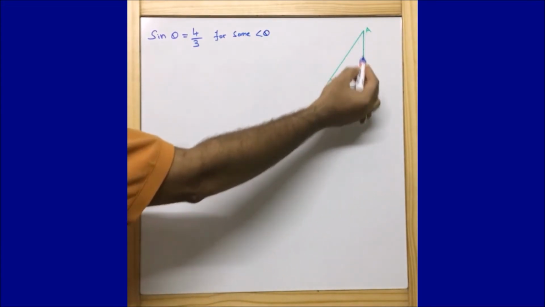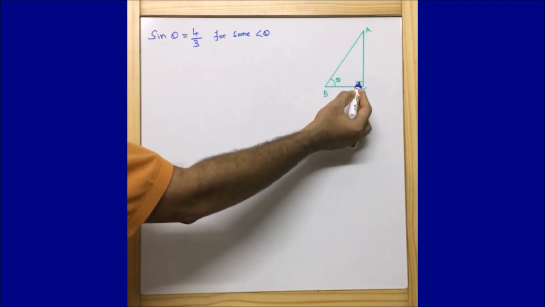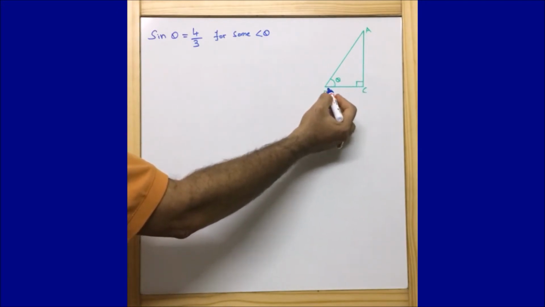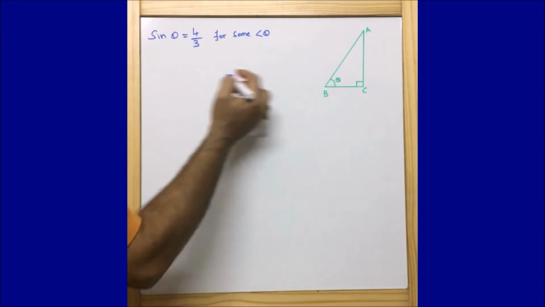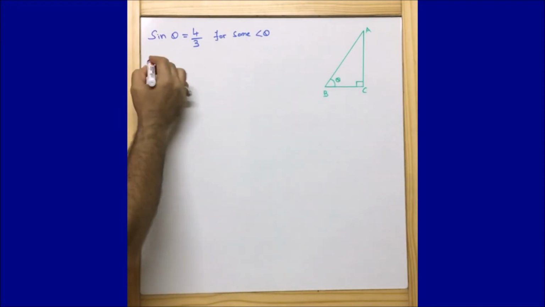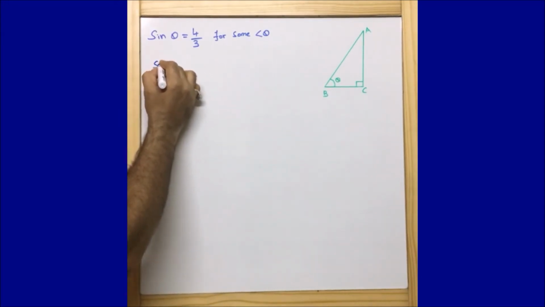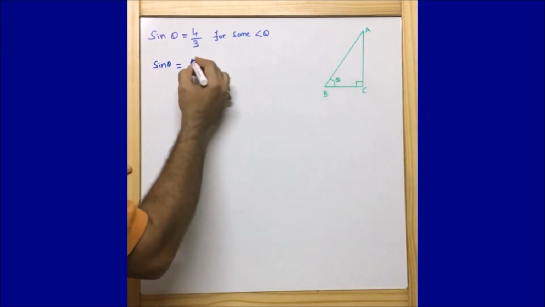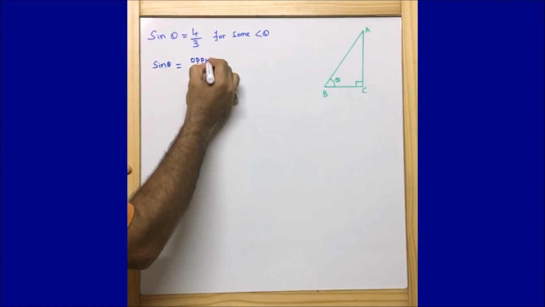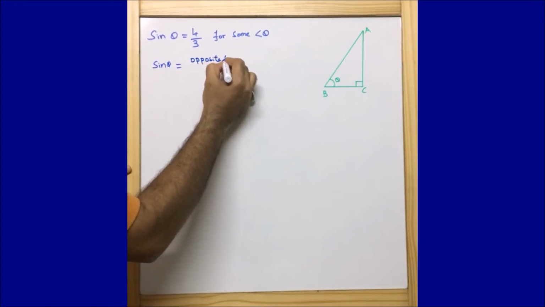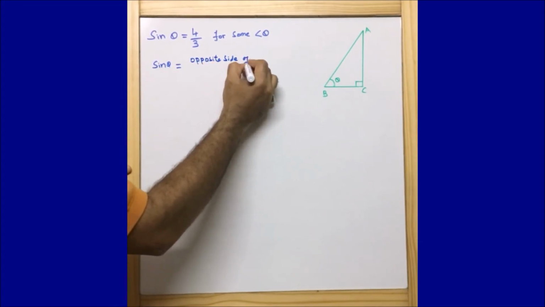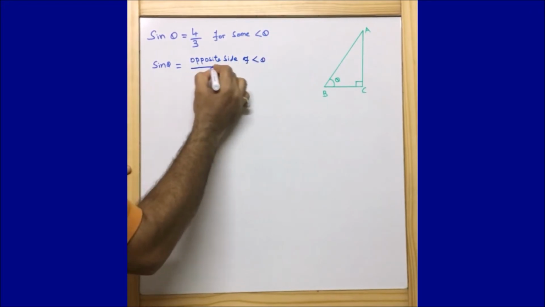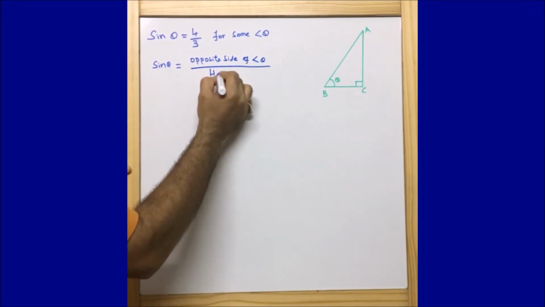Guys, we very well know that if you look into the figure ABC, it is right angled at angle C and theta is the angle B. So what is sin theta here? Sin theta is nothing but the opposite side of angle theta upon hypotenuse.